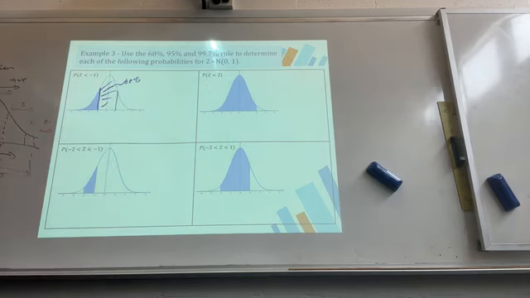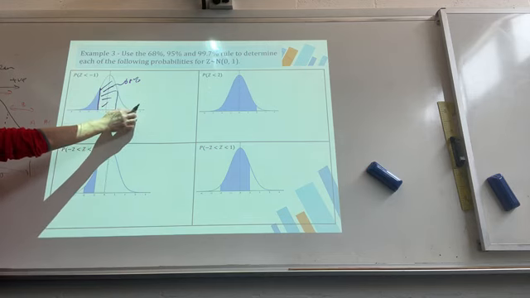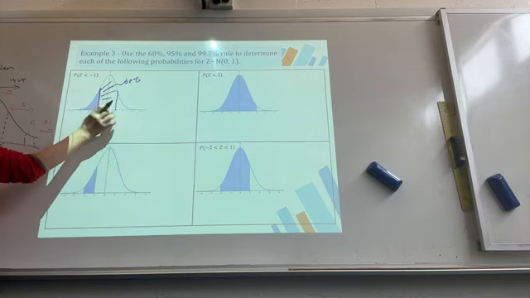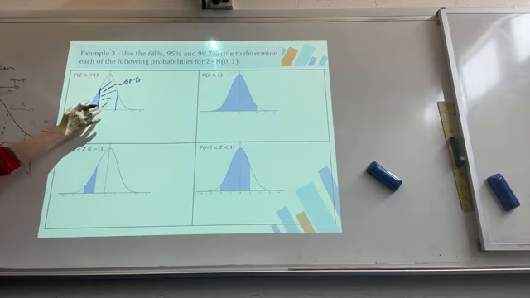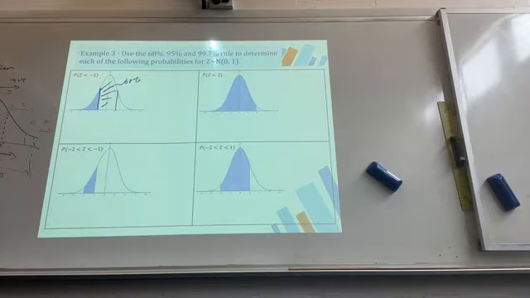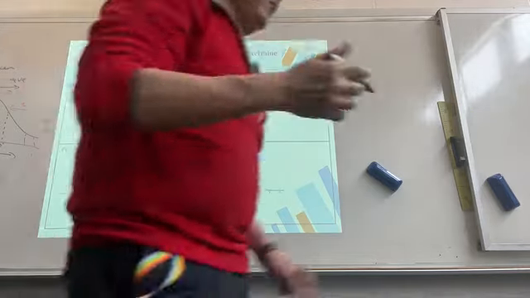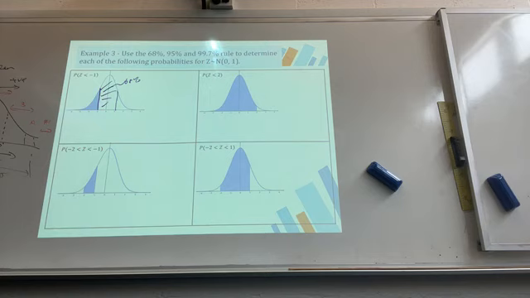Now, this area should be the same as that area, correct? So you could use 100% take away 68%, which means those two tails are left, and divide by 2. Or you can use 50 take away 34. It's the same thing, so it's up to you how you want to do it.